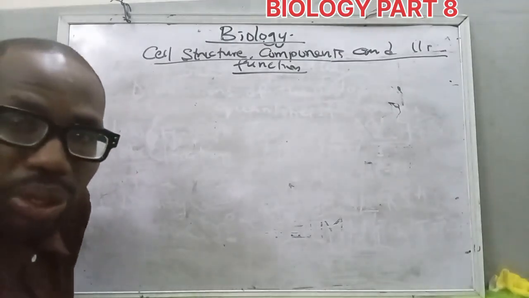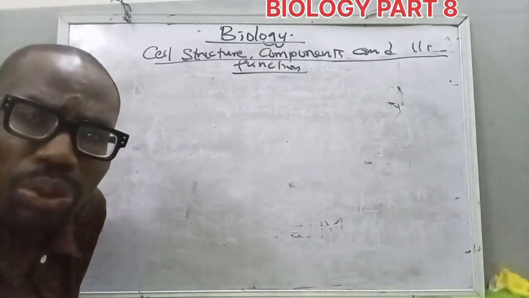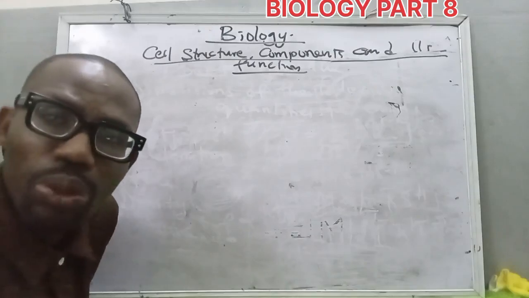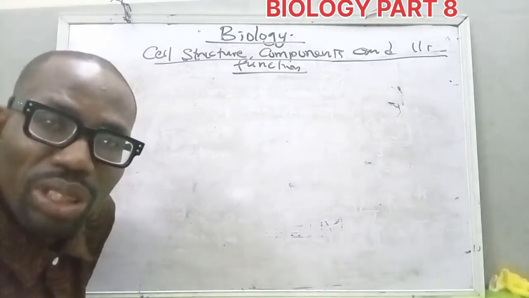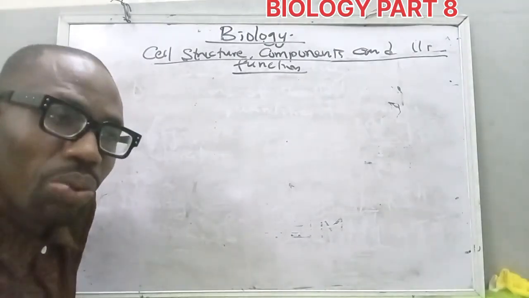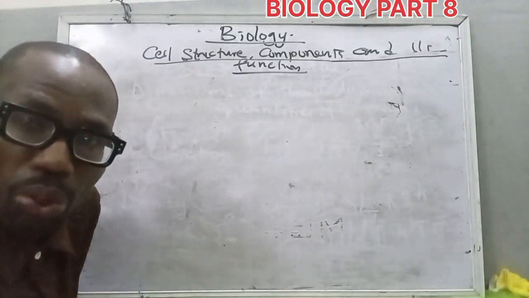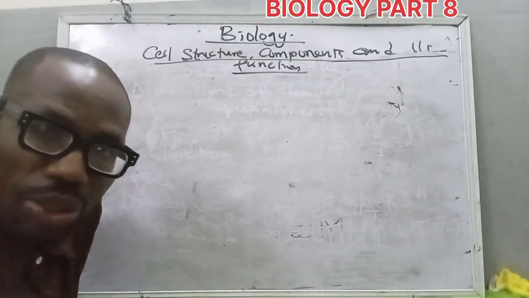From then we went on to talk about the cytoplasm. Before we talked about the cytoplasm, we made mention of the protoplasm, and we said that the protoplasm is the living content of the cell. And from there, we went on to discuss the cytoplasm. We said 90% of the cytoplasm is made up of water. It is jelly-like, it is transparent.